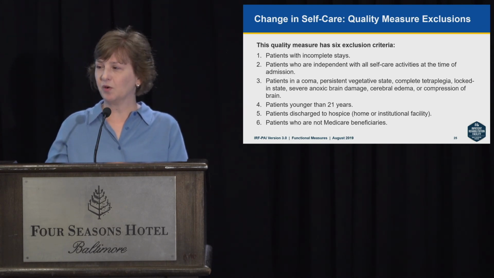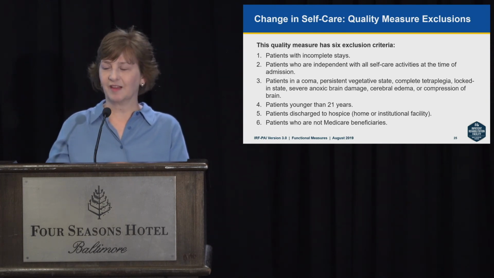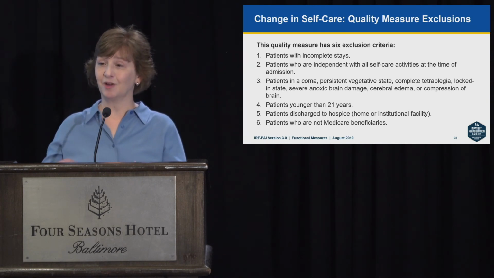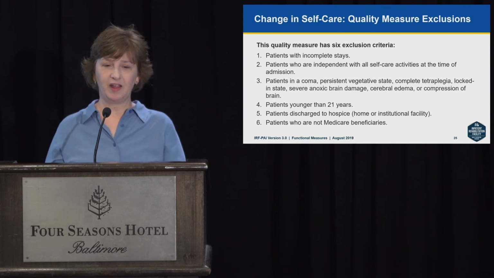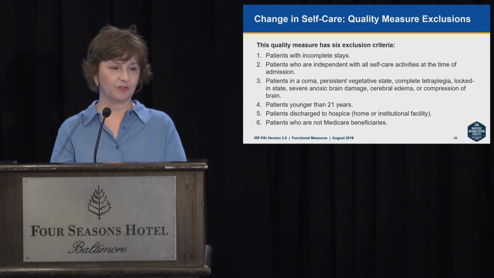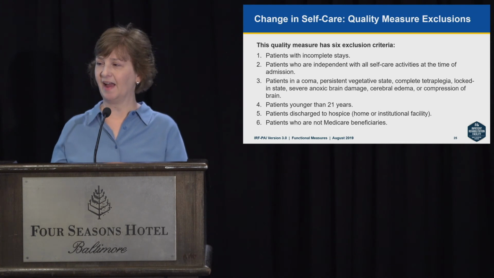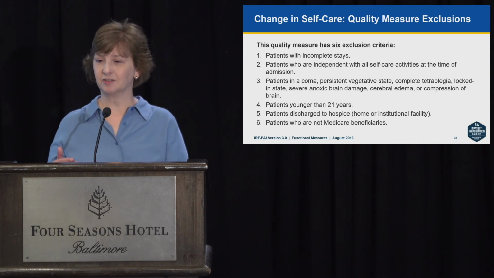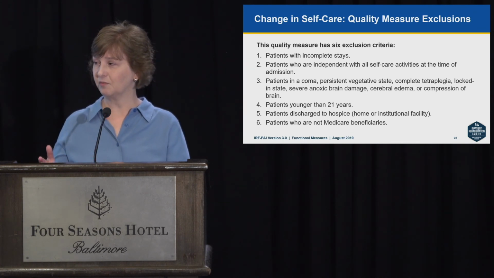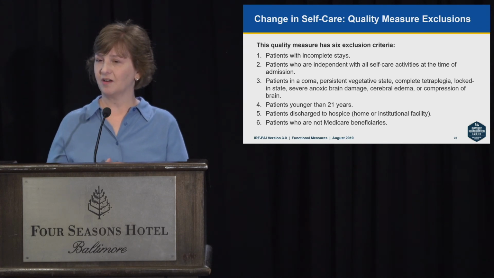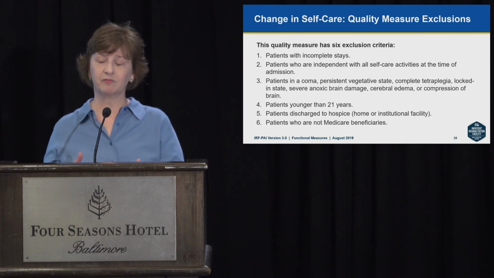Also, when we were developing the measures, we met with experts over the course of multiple expert panels, and we asked clinical experts and researchers to identify patients who might have unpredictable functional improvement, who might be admitted to an IRF, or individuals who might have very little improvement because of various medical issues.